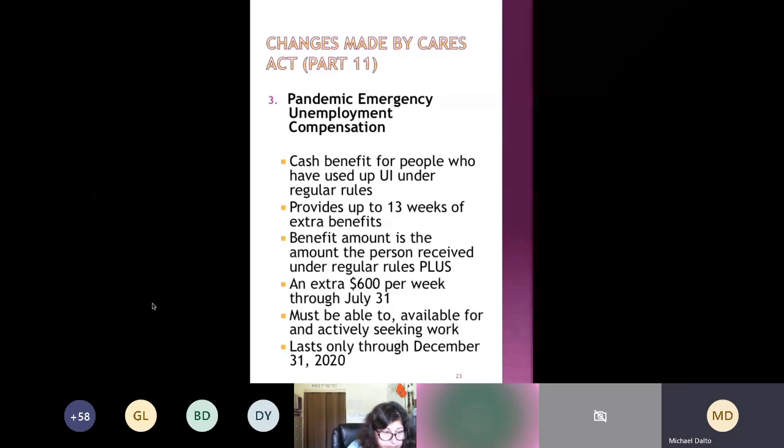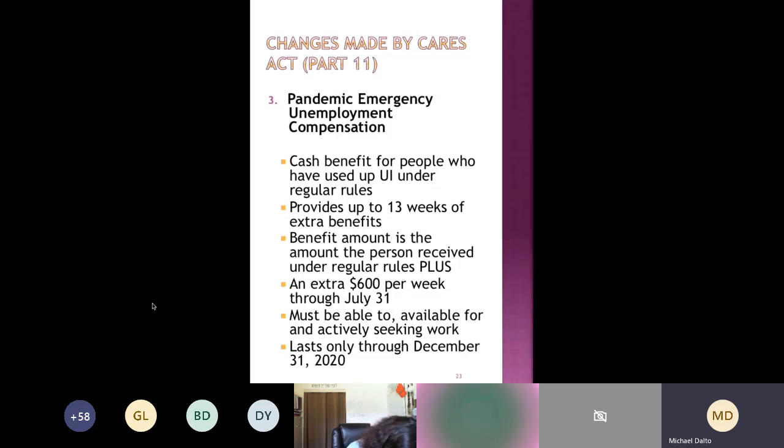And then finally, with another confusing name, pandemic emergency unemployment compensation is a cash benefit for people who did receive regular UI benefits under the regular rules, but they used them up. They used up all of their allotment. And this benefit gives them an extra 13 weeks, an extra 3 months of benefits.